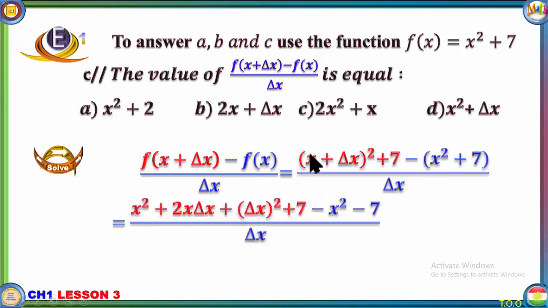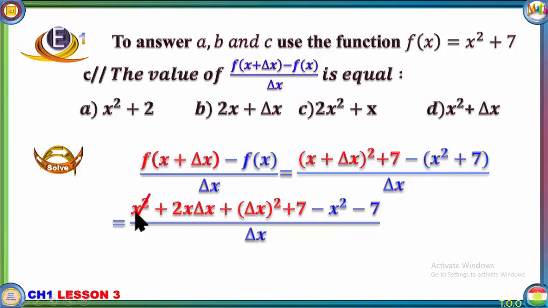Then x times x is x squared. 2 times x times delta x is 2x delta x. Delta x squared is delta x squared, plus 7. Minus times plus is minus x squared. Minus times plus is minus 7, all over delta x.